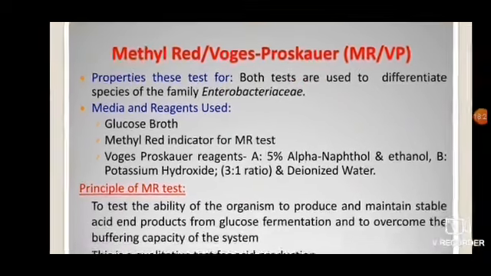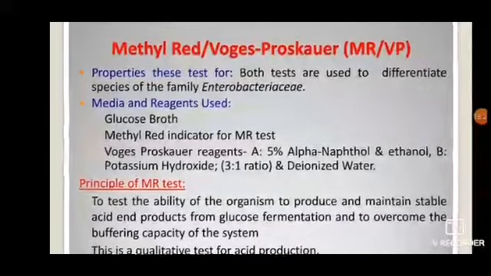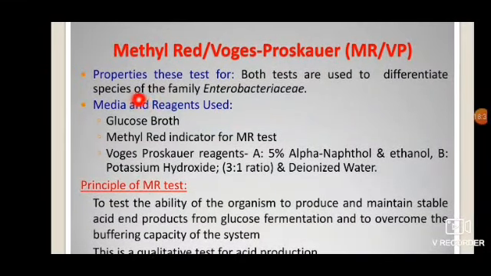So let me see what different reactions are carried out by these methods. Both tests are used to differentiate the species of the family Enterobacteriaceae. First, the indole test is also carried out for the Enterobacteriaceae family, and the same for methyl red and Voges-Proskauer.